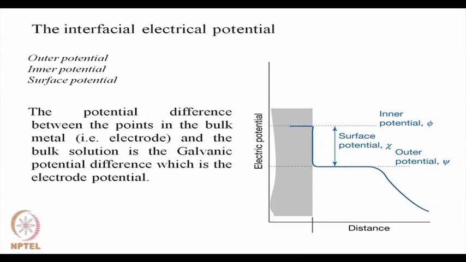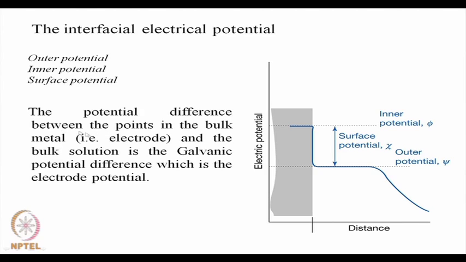So, this is your electrode, this is your inner potential phi, this is your outer potential, then it of course decreases. The electrode outer potential is this, it remains flat for some distance and then it reduces. So, this difference is your surface potential.